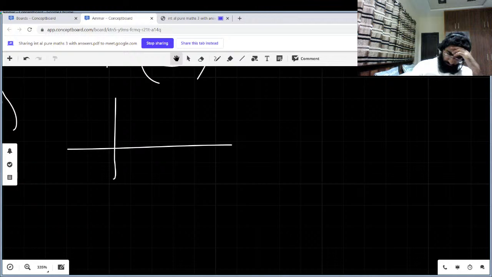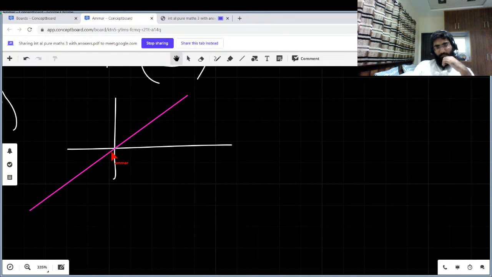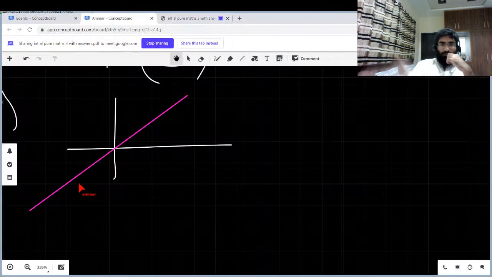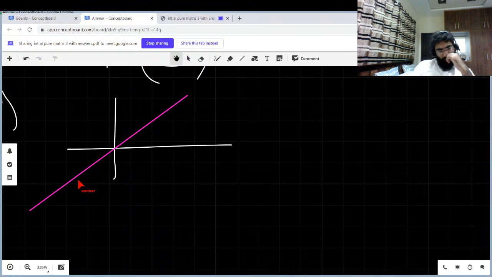It just means the gradient is more than one. Okay, and then for the 3/4 x. M is more than 0, not more than 1. So the gradient is positive.